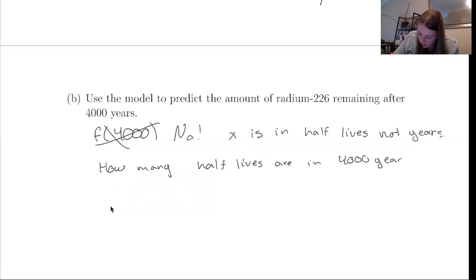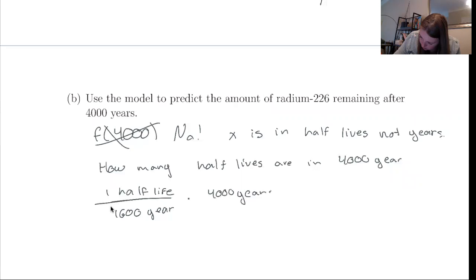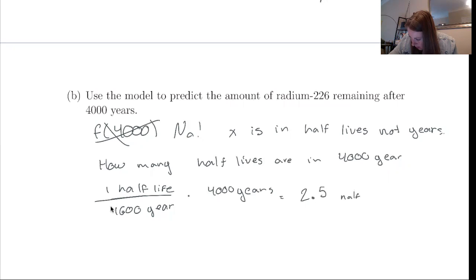So one half-life for every 1,600 years, 4,000 years will get us 2.5 half-lives.